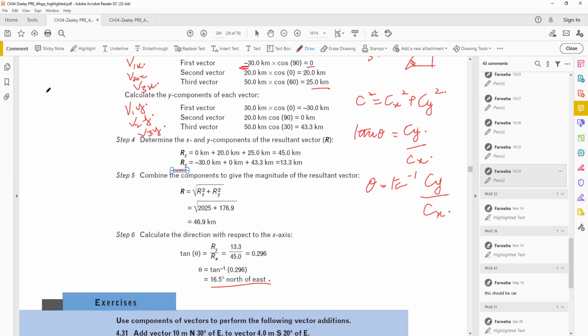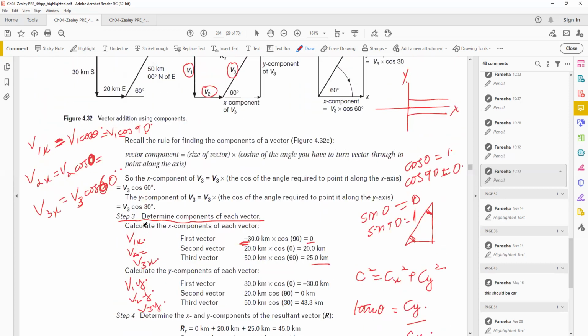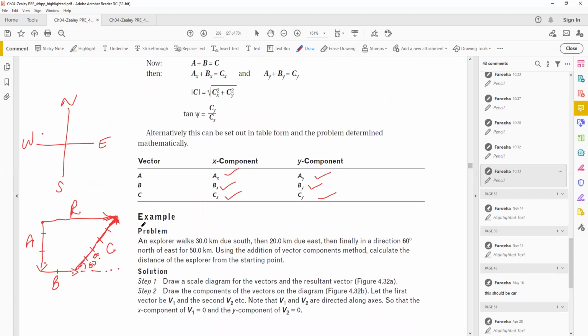And sometimes that becomes too complicated. It can be done for simple vectors, but sometimes if you have more vectors and more measurements and so on, it becomes more complicated, and this method is less accurate. So at this time, we're using the method of component of vectors. Both methods are correct. You can use any method you like. But if the question asks in particular about the components, you see in this question, they have particularly said using the vector component method.